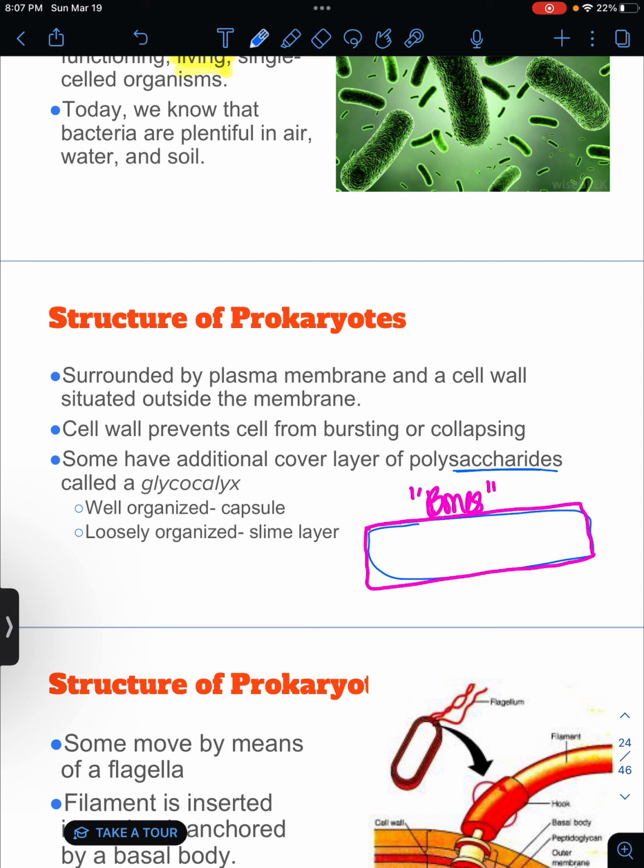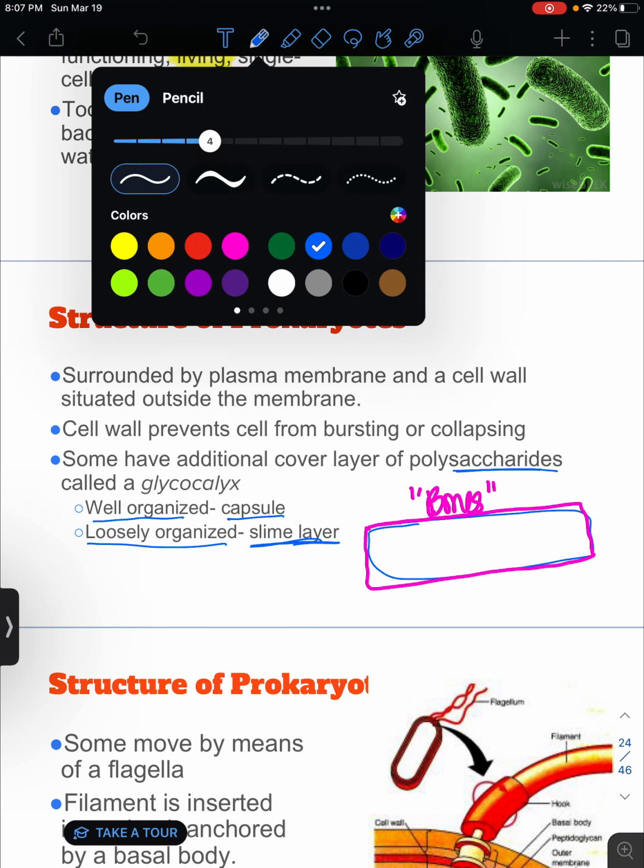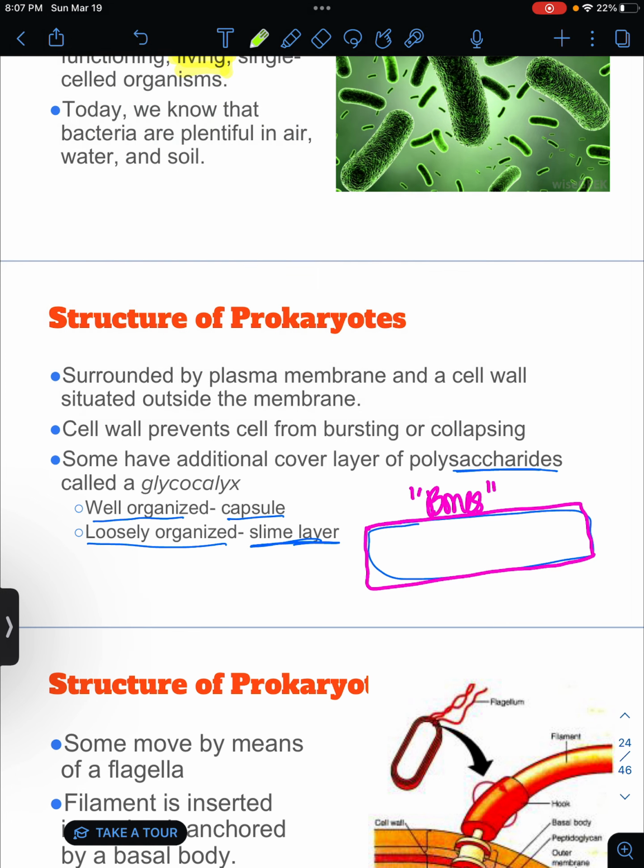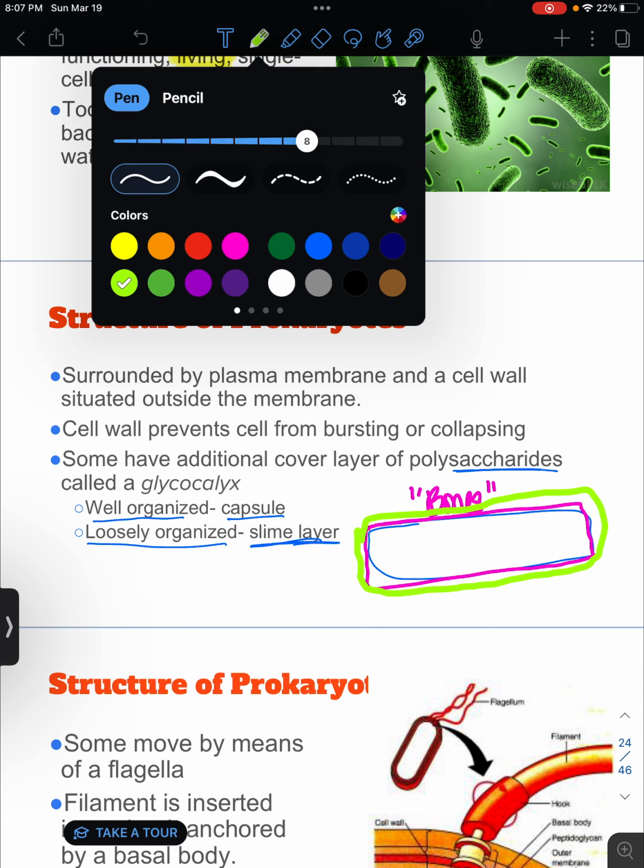If it's well organized, it's a capsule. And if it's loosely organized, it ends up being like a slime layer, like a sticky outside layer. Helps it stick to stuff like your teeth, things like that.